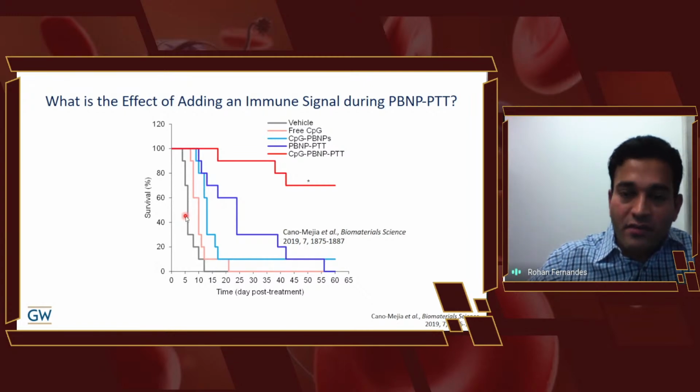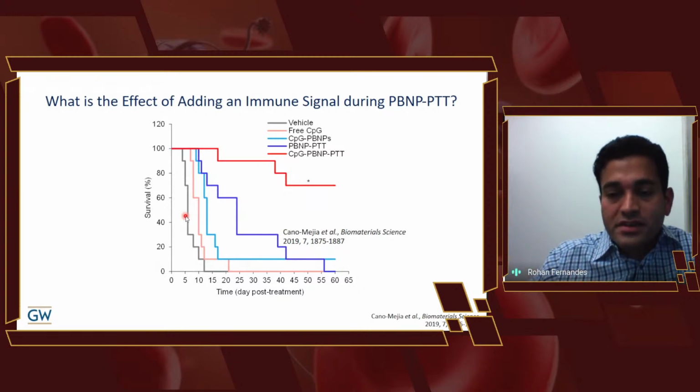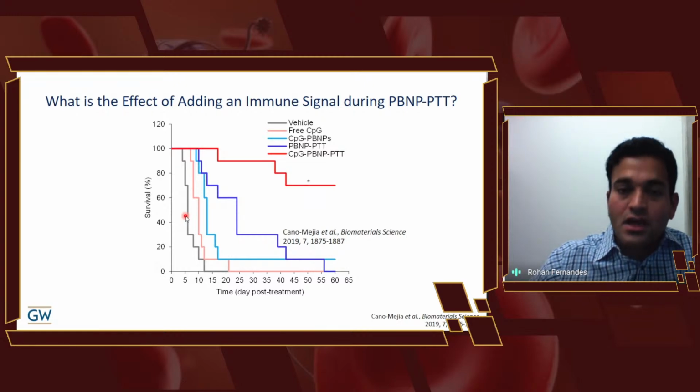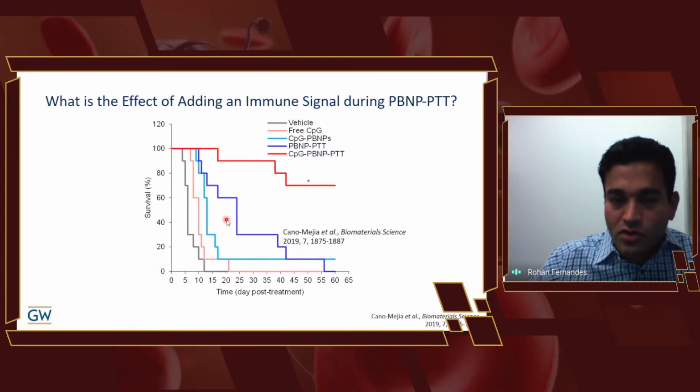And that was just because we are becoming more and more informed as to the thermal dose of the CpG PBNP PTT being administered. So in the initial studies, we would just administer PTT without paying careful attention to the thermal dose. And once we had done those optimization studies, we administered this PBNP PTT at that specific immunogenic thermal dose and were able to boost median survival.